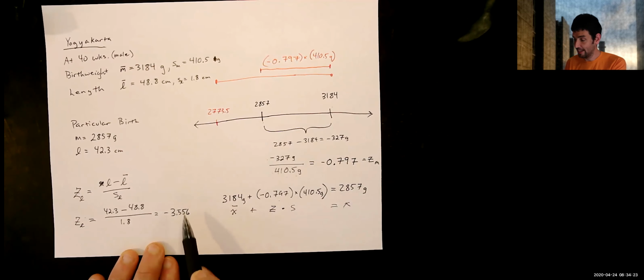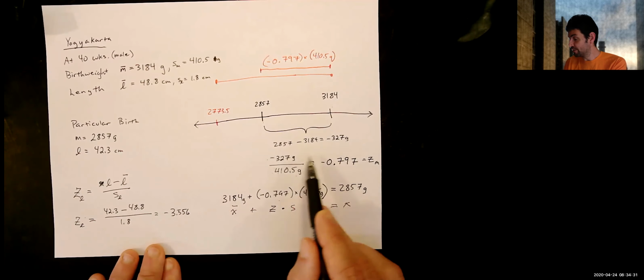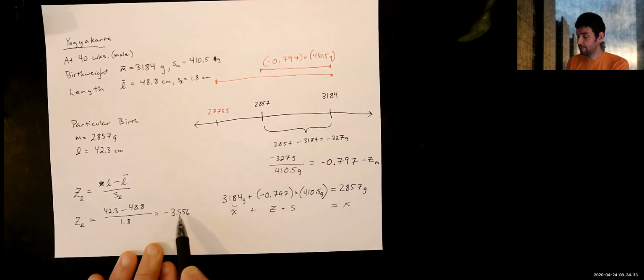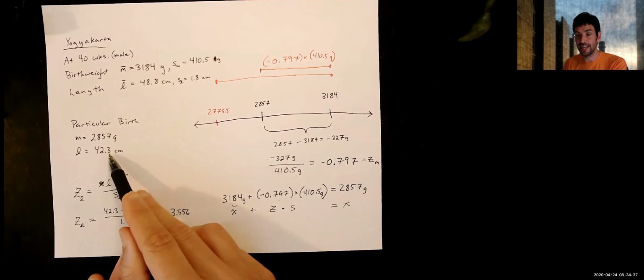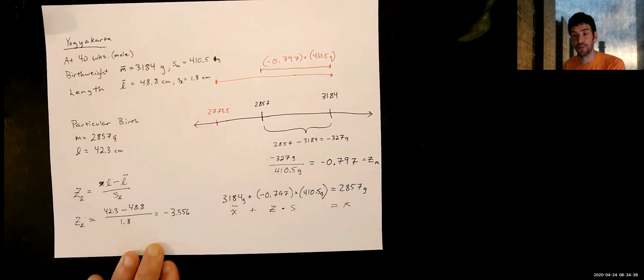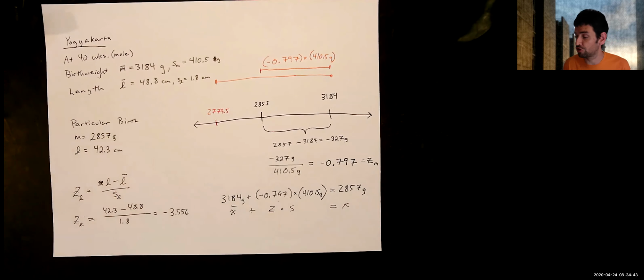So notice the difference in these Z-scores. This length is more than 3. It's 3.5 standard deviations below the mean. This one's not quite 1 below. This is a much more typical weight. This is a much more extreme length, right? This birth length is much more extreme than this birth weight. Even though the number of centimeters, it's only 6 centimeters below versus 300 below.